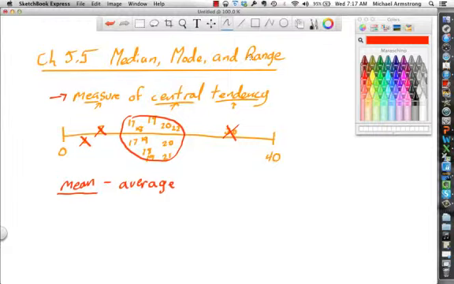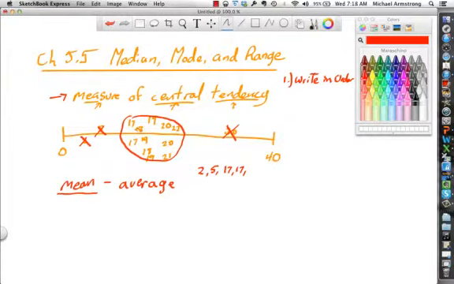So I'm going to use my numbers here, and I'm going to rewrite them all in order. We have to write them in order. I had a 2, I had a 5, then it looks like I had 2 17s, so I'm going to write 17 twice.